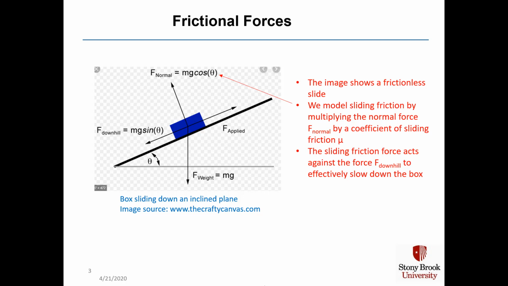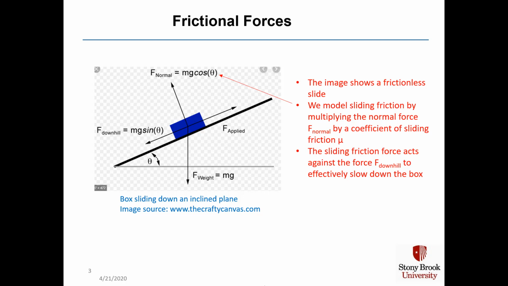The force of gravity is equal to mg. There's a normal force pushing back on the block from the slide equal to mg cosine theta. And in freshman physics, there is no friction, so the block slides smoothly down the ramp, and the acceleration of the block is going to be g sine theta.